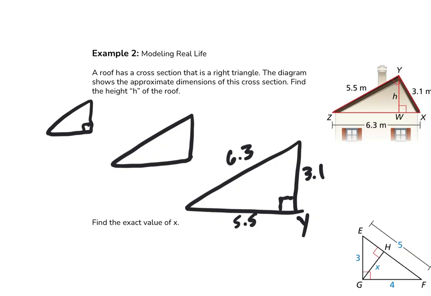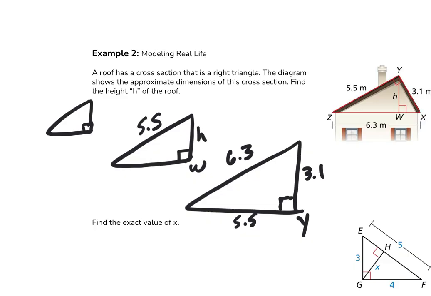Okay, let's look at the medium-sized one. We don't know the bottom side, right? We don't know what the length of the bottom side is. All that we know is the height is h, the hypotenuse is 5.5. We don't know all three sides, so I'm not going to label the bottom side.